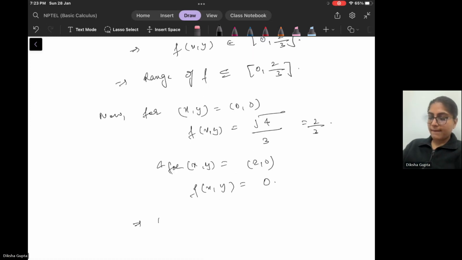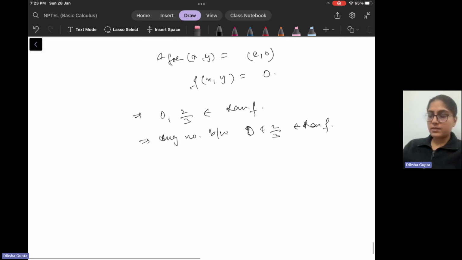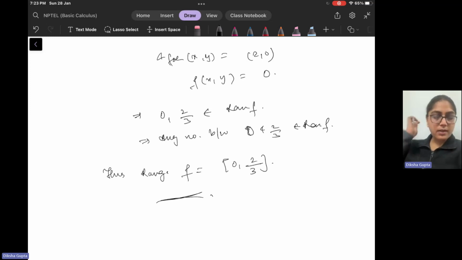This implies 0 and 2 by 3 belong to the range of f, which implies any number between 0 and 2 by 3 belongs to the range of f. We have already shown that the range of f cannot go outside the interval [0, 2/3]. Thus the range of f is [0, 2/3]. Okay, I hope it's clear to everyone.